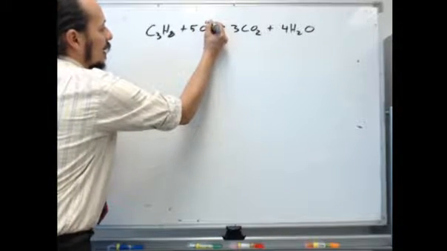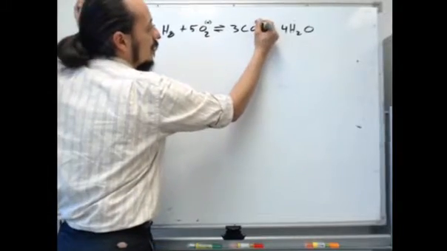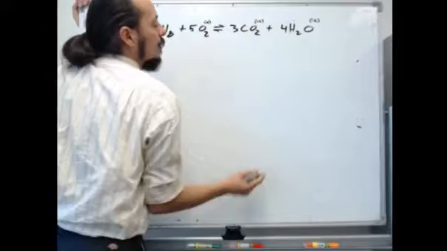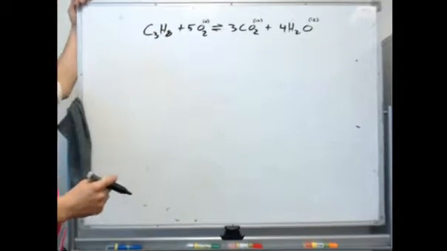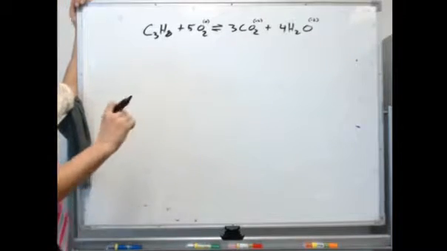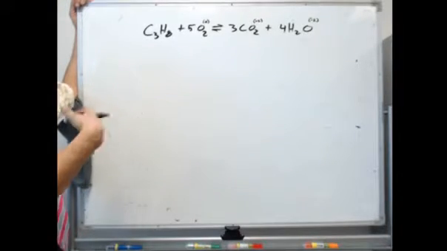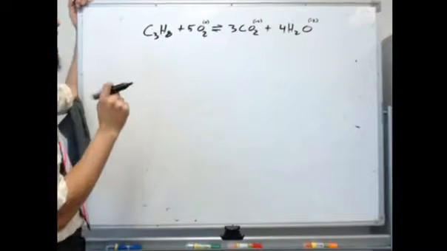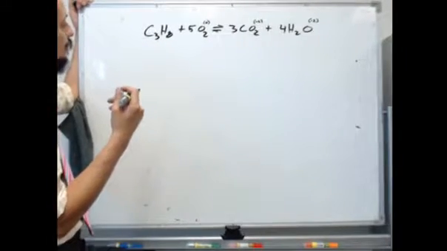The charge on this oxygen is going to be 0, the charge over here is going to be -2, and the charge over here is going to be -2. So clearly my oxygen is changing charge. My oxygen is gaining electrons, so it's reduced, which makes sense because oxygen is the oxidizing agent. It gets reduced, but the other thing gets oxidized. So that means the C3H8 must be oxidized.